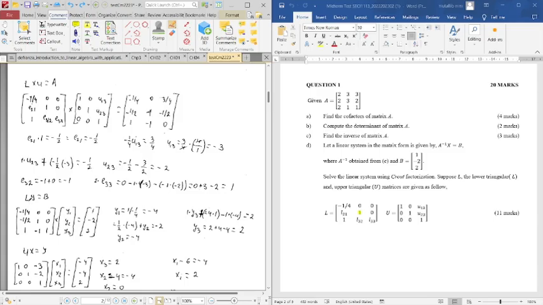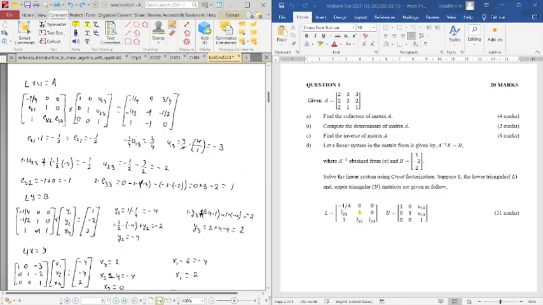After this, to solve the linear system, we're gonna do it in two steps. First step, we're gonna multiply L times Y equals our B, which is given here, and L is our lower triangular.